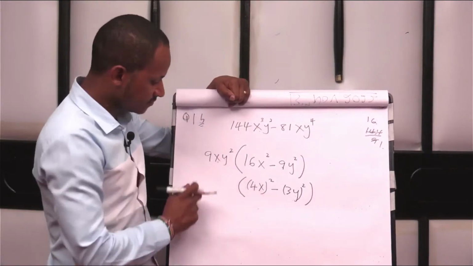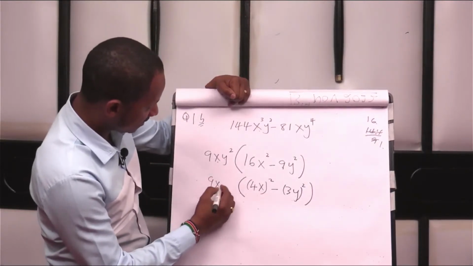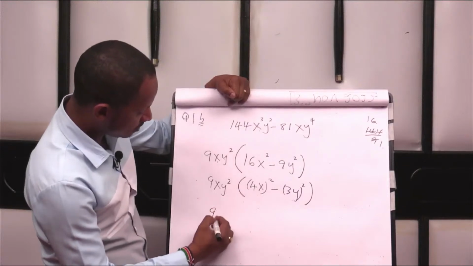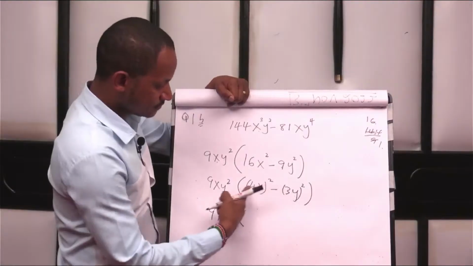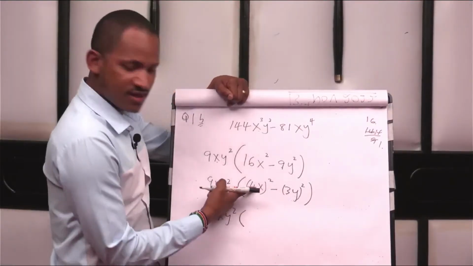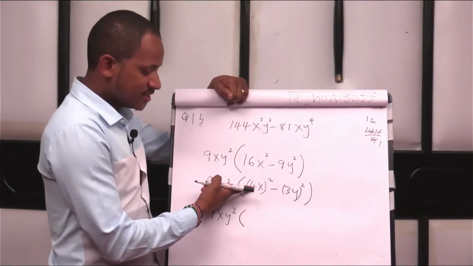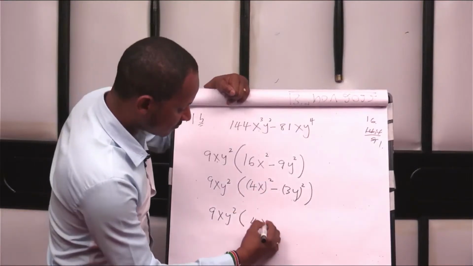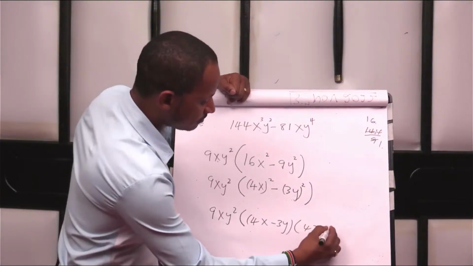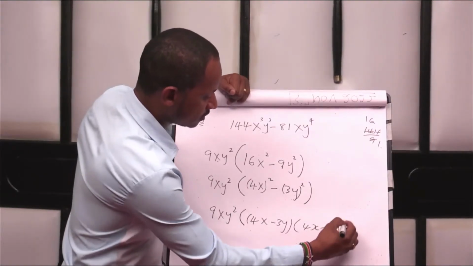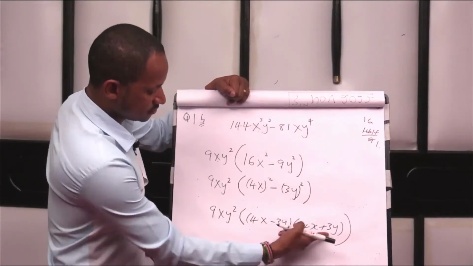So by a difference of two squares, here we have 9xy squared, just drop it down, 9xy squared, into a difference of two squares. When you are given a challenge like this, it means that it is 4x minus 3y into 4x plus 3y. When you expand this, you get this.